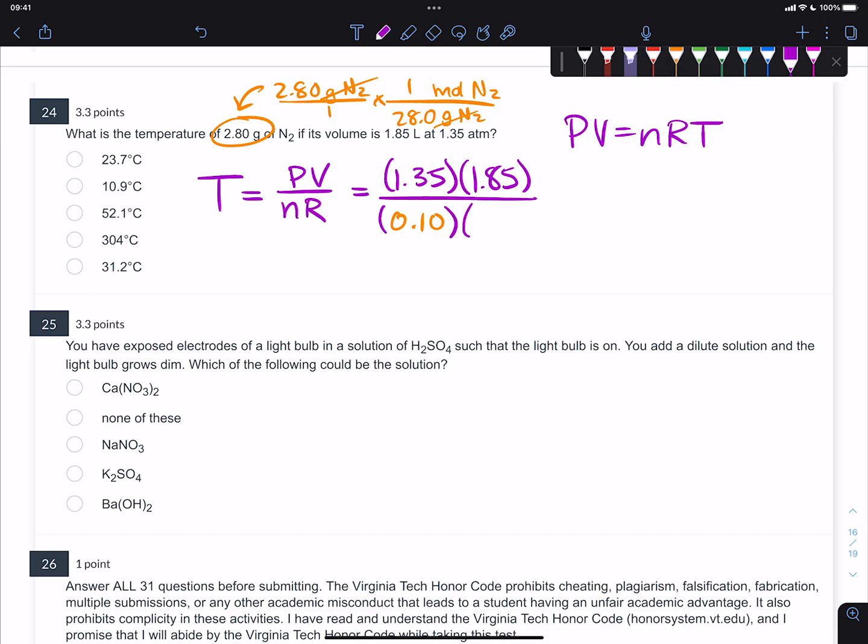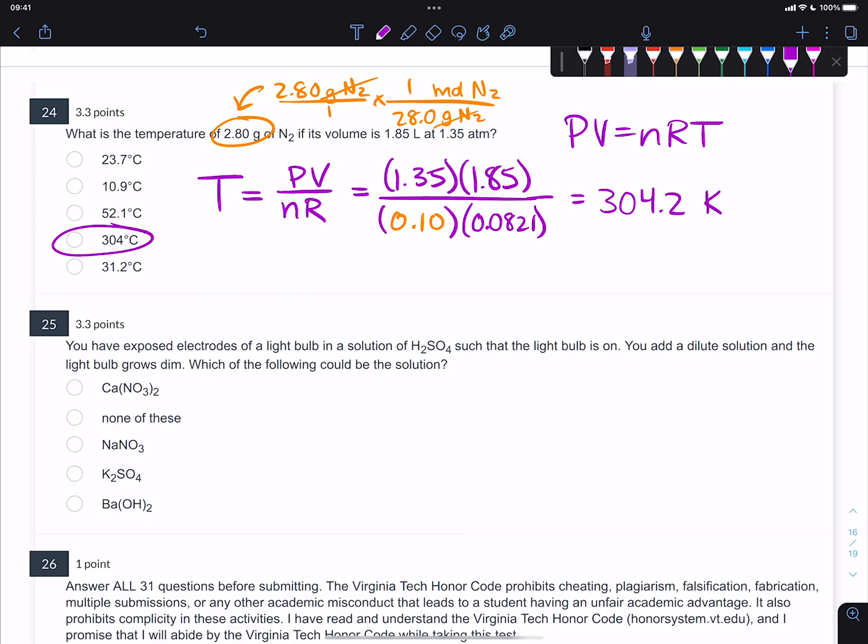And then the R is 0.0821 for atmospheres. Doing all that math, you get 1.35 times 1.85 divided by the product of 0.1 times 0.0821. I got 304.2 Kelvin.